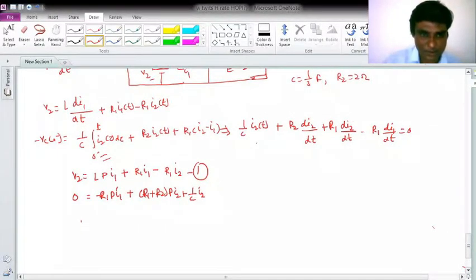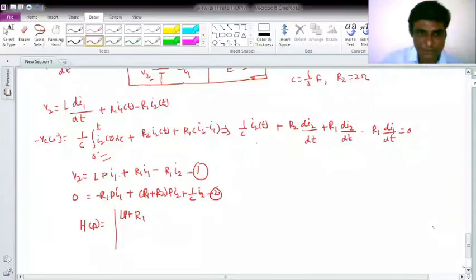what will be my H of P? The system operator will be the determinant of it, the characteristic equation, because there are two equations.